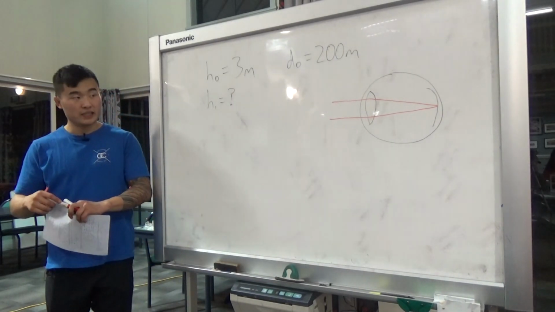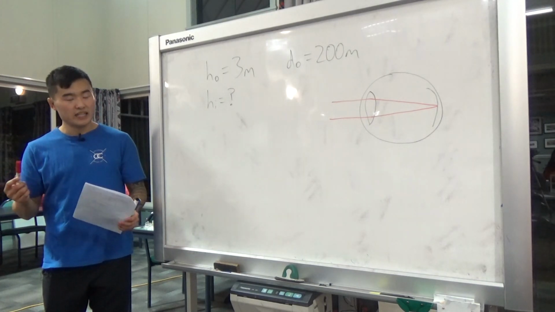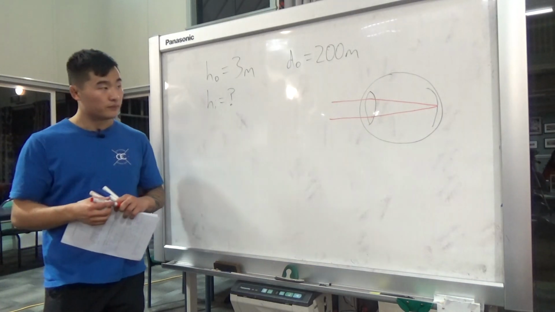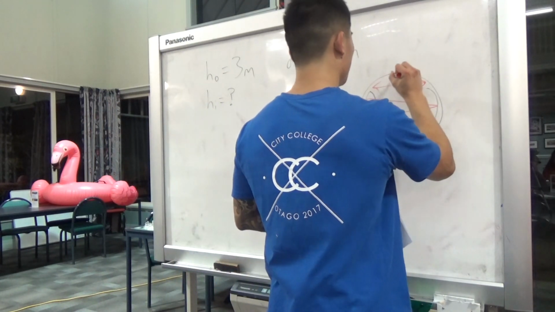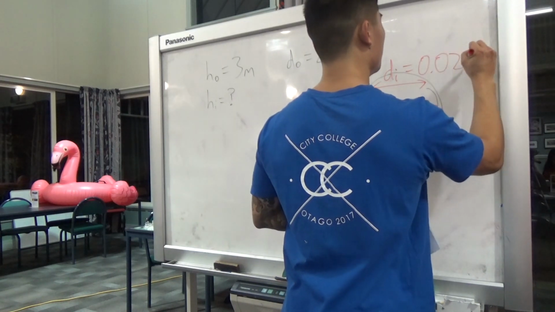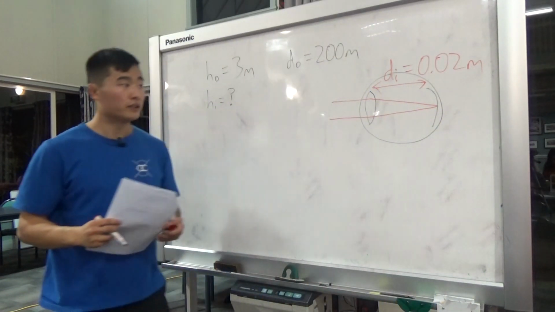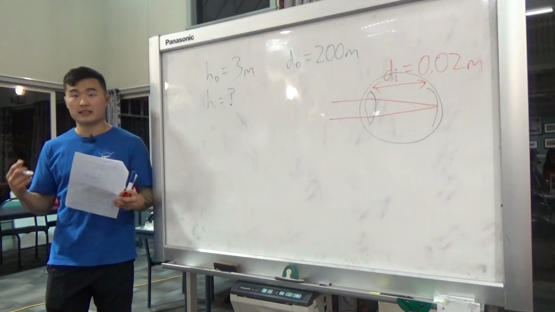So the distance from the lens to the retina is your DI. So this distance here, that's your DI, and that's equal to 0.02 meters. Okay, so that's an important connection to make whenever they tell you the lens to retina distance. That's the DI.